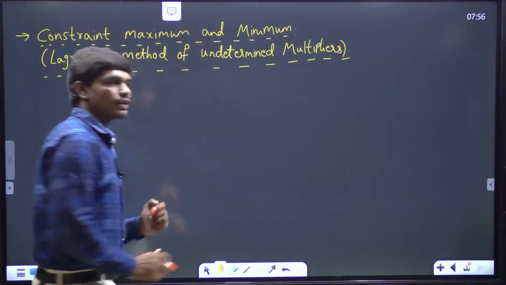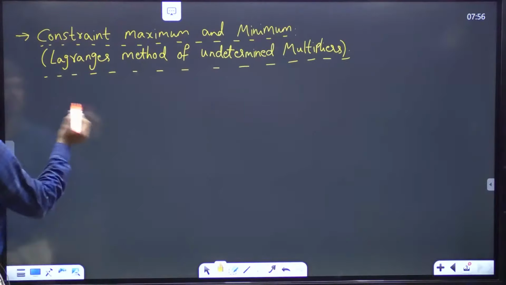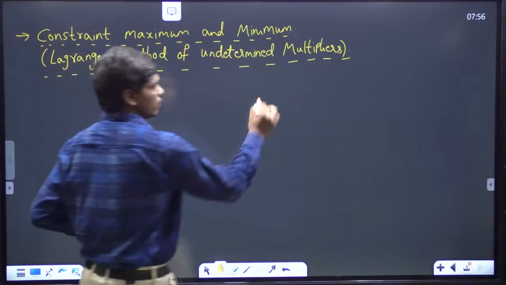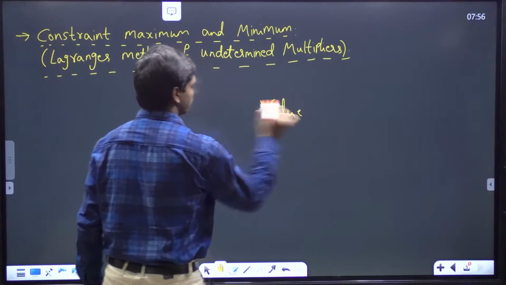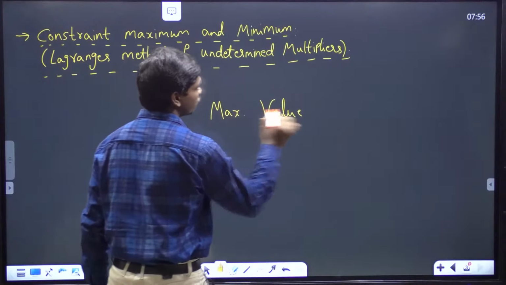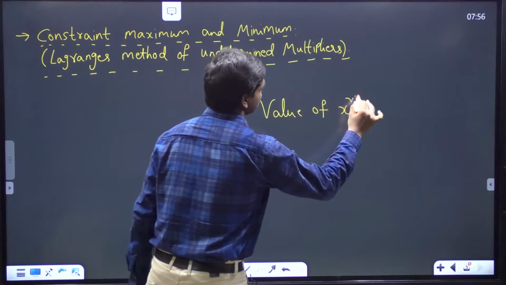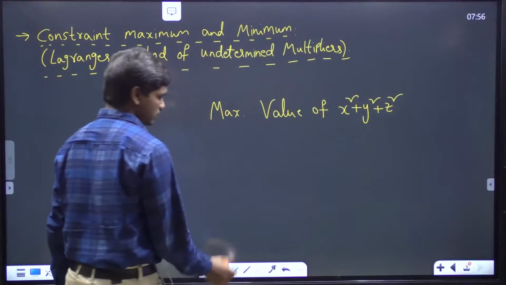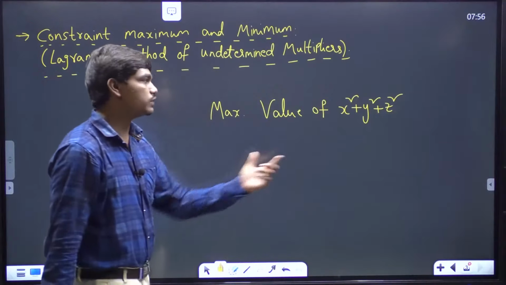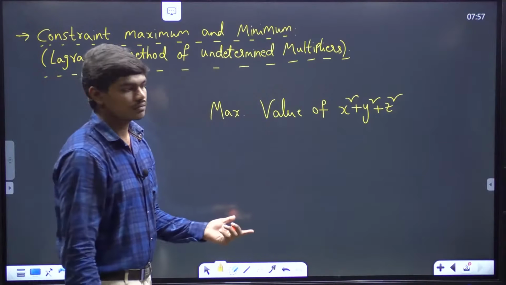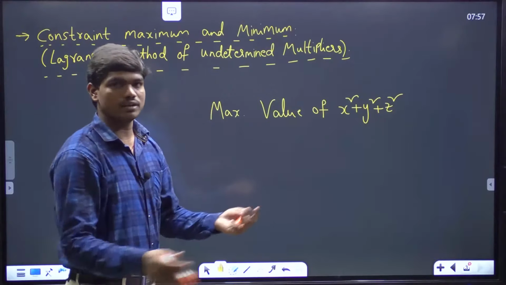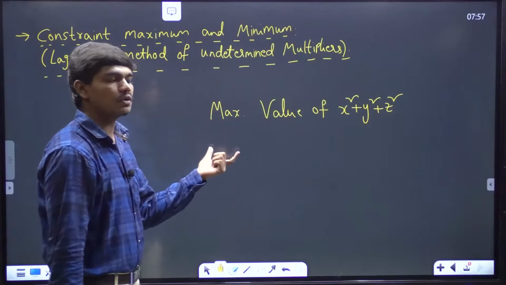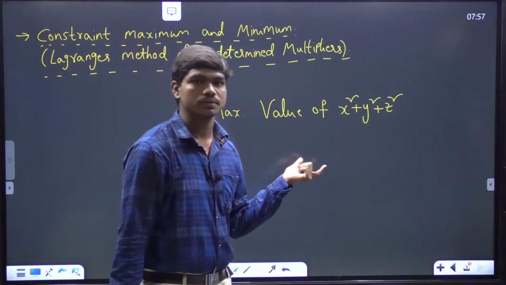See, now for example, if I ask you one simple question before going for analysis, what's the maximum value of x square plus y square plus z square? Where x, y, z, you can put any values, whatever you like.